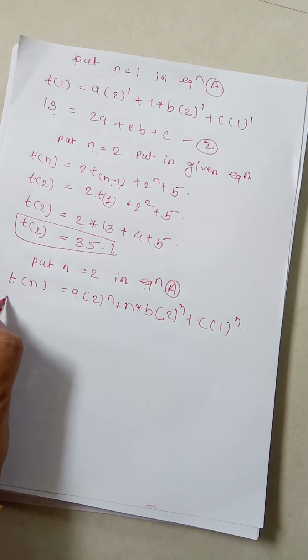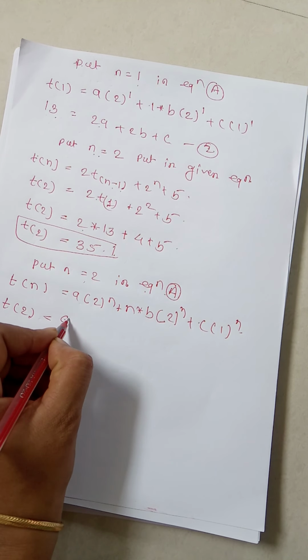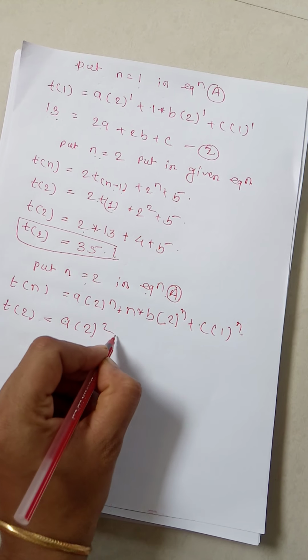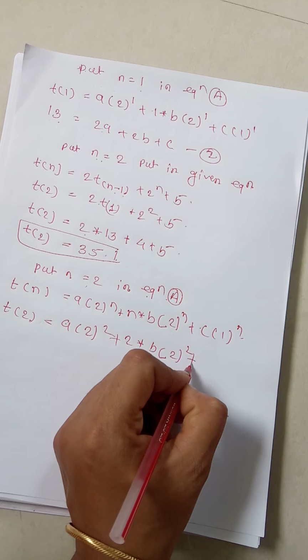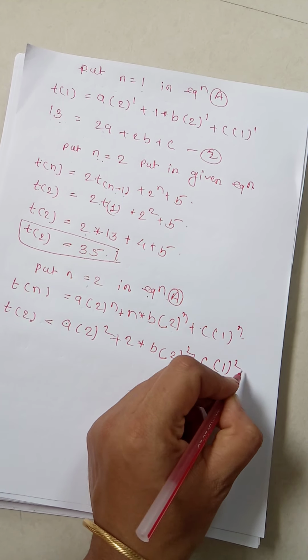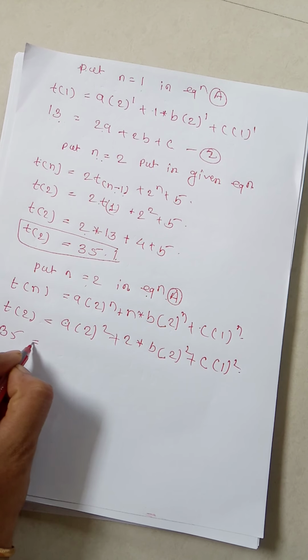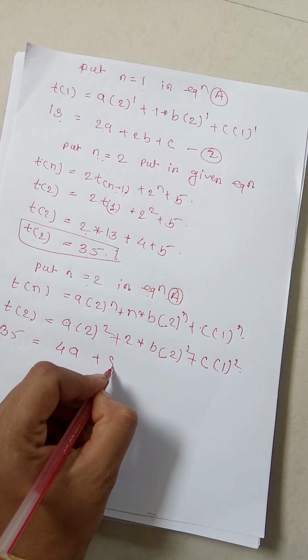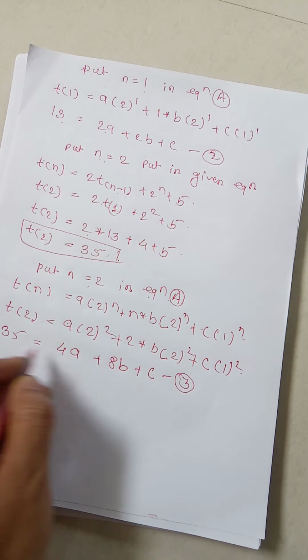So t of 2 is equal to a into 2 to the power 2 plus 2 into b into again 2 to the power 2 plus c into 1 to the power 2. Fine. So t of 2 is 35 here. 35 is equal to 4a plus 8b plus c. So this is my third equation.